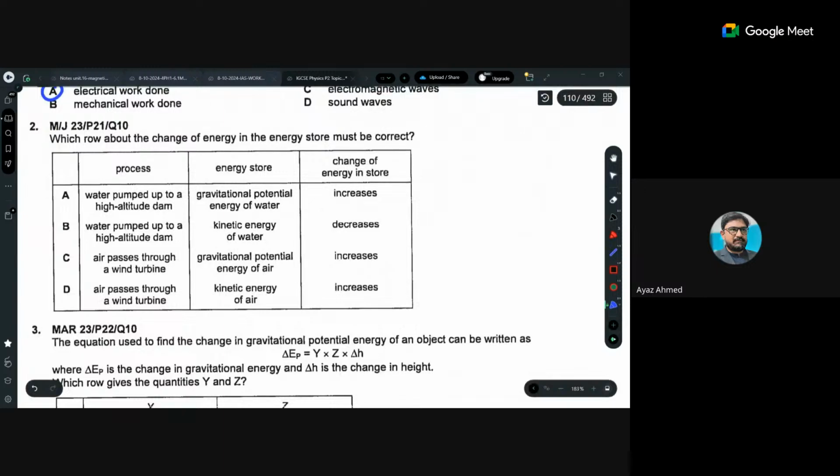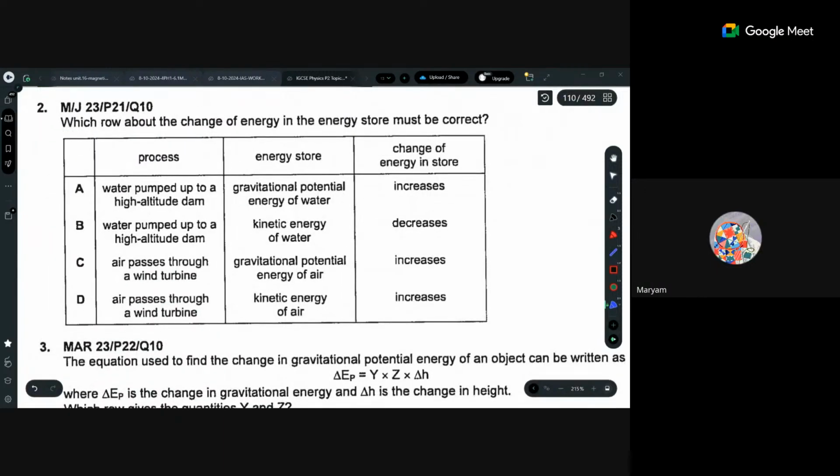Okay. The next one is: which row about the change of energy in the energy stores must be correct? Process, energy store, and change of energy is given to you. So first of all, see what form of energy is given to you.